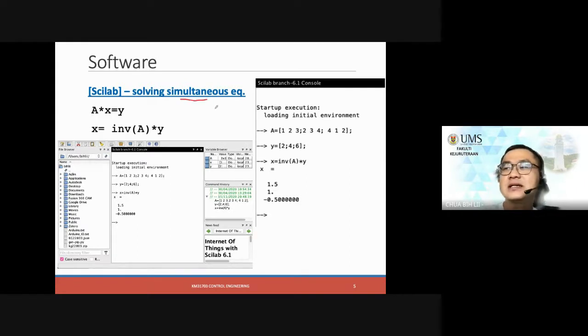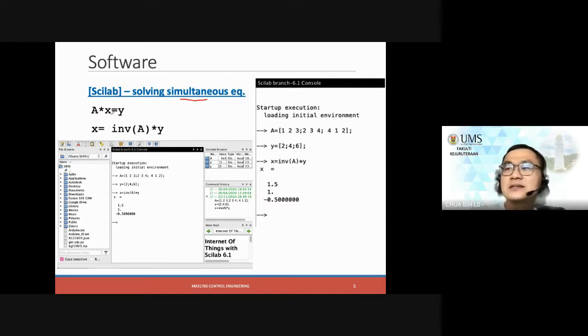This is a very important math function that's required for any engineering problem, especially when you are dealing with finite elements later on. You would need to solve a lot of simultaneous equations in order to get the solutions.